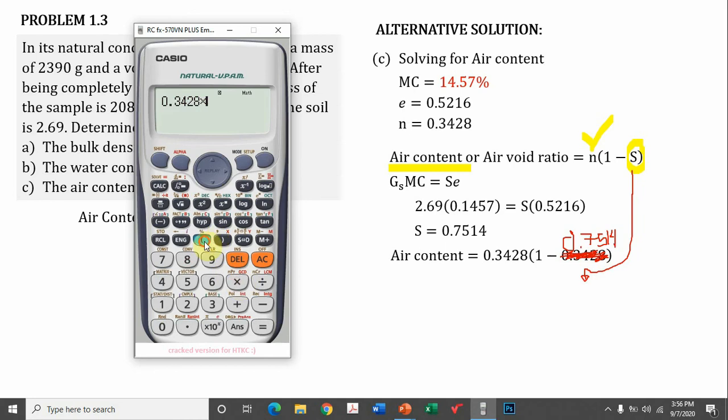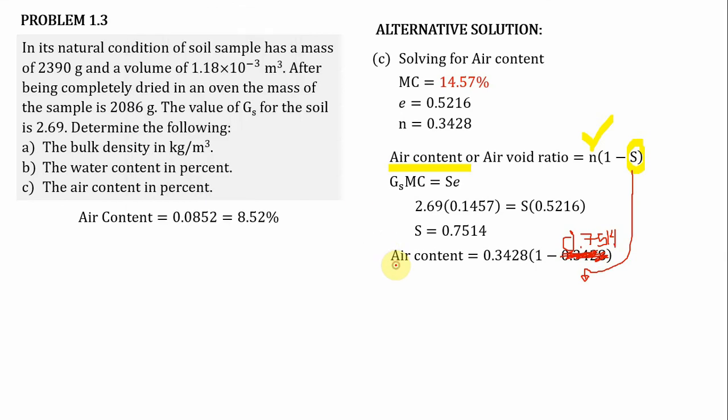0.3428 times 1 minus 0.714. Okay, ang answer natin is 0.0852. Take note, 0.0852. So, therefore, our air content is equal to 0.0852. Okay lang yung answer natin.